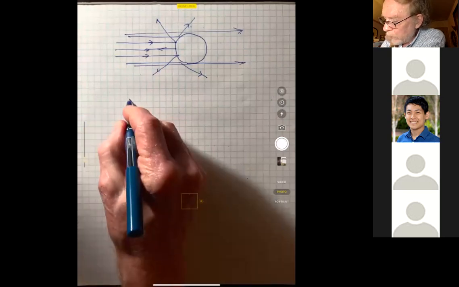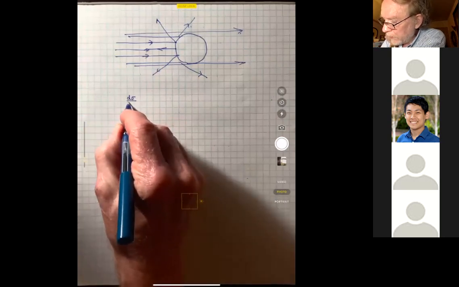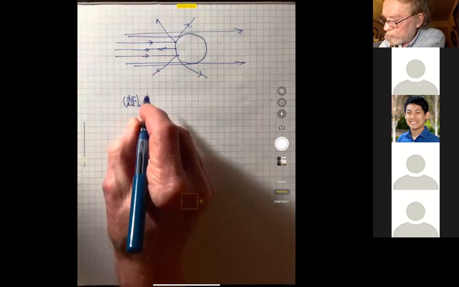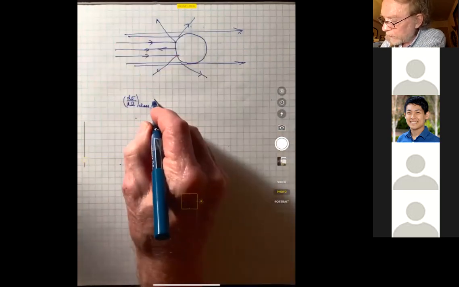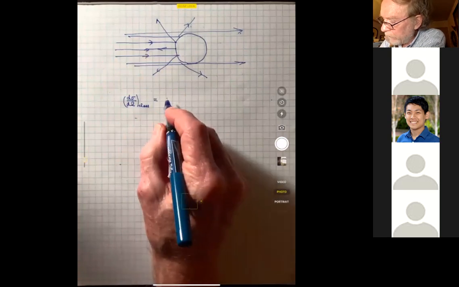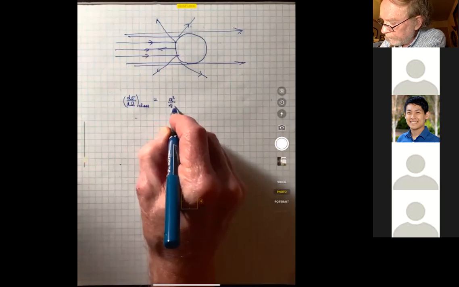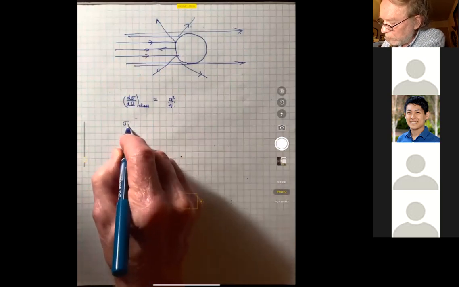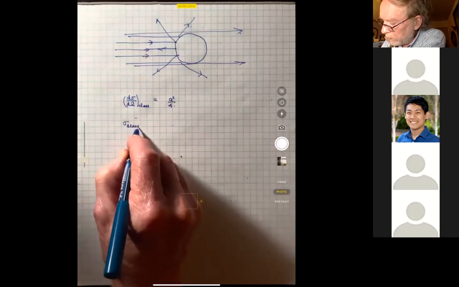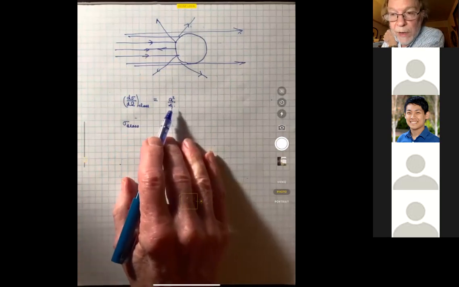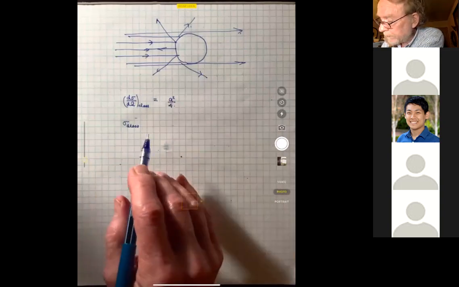Well, it's straightforward to work out the differential cross-section d sigma d omega classically. It's easy to do. You just do specular reflection on the surface of the sphere. And what you find is that it's a squared divided by 4, and in particular, it's independent of angle. So the classical cross-section is isotropic, believe it or not, scattering off a hard sphere.